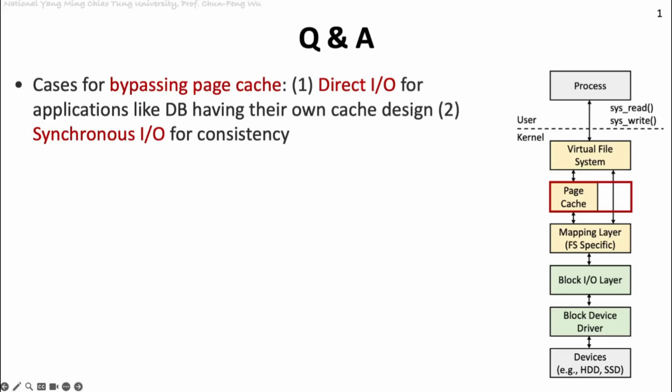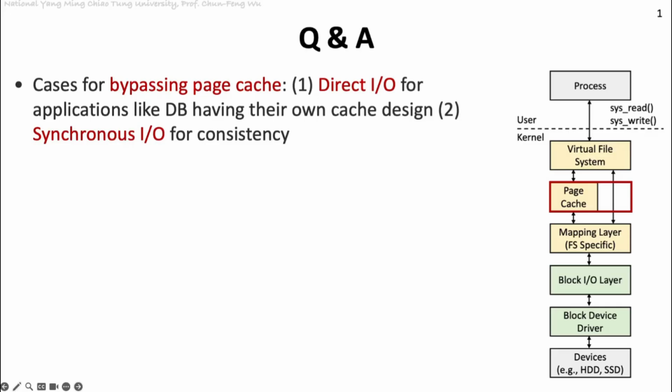The first one is called direct IO. Direct IO is usually used by some databases, because for large applications like databases or machine learning applications, they can have their own user buffer. In that case, using the page cache will not really benefit, because if you use the page cache, then for each of the file requests, you need to get the data from the page cache, and as a user process you need to interact with the operating system very frequently.